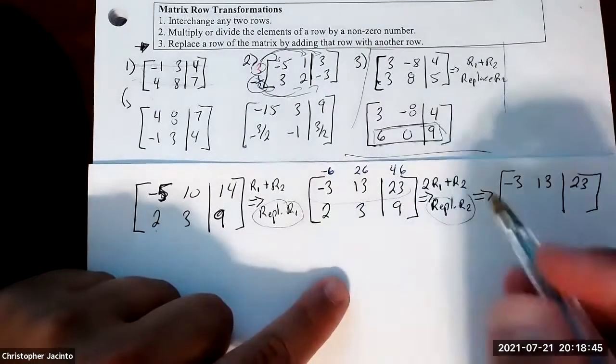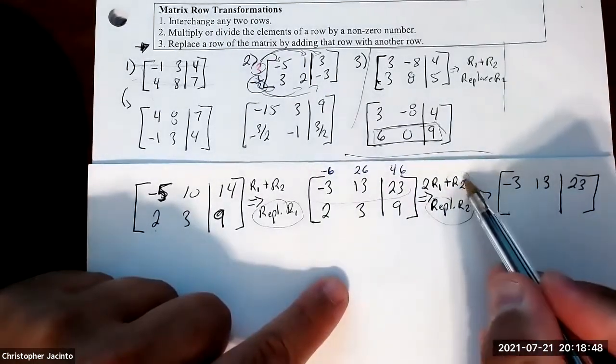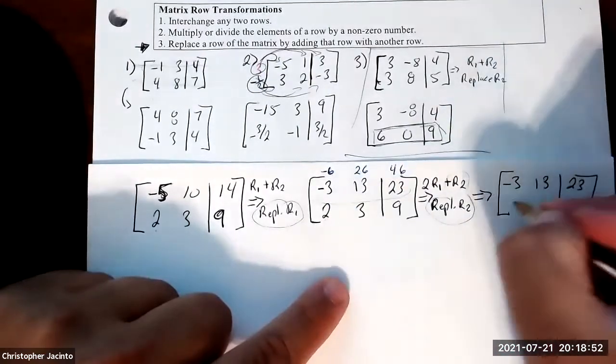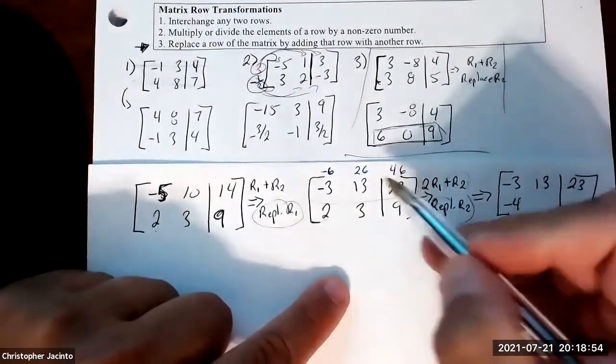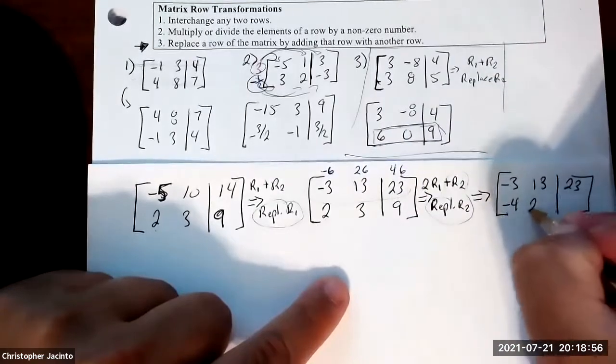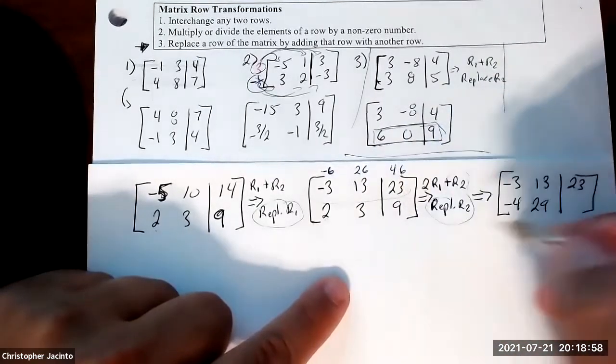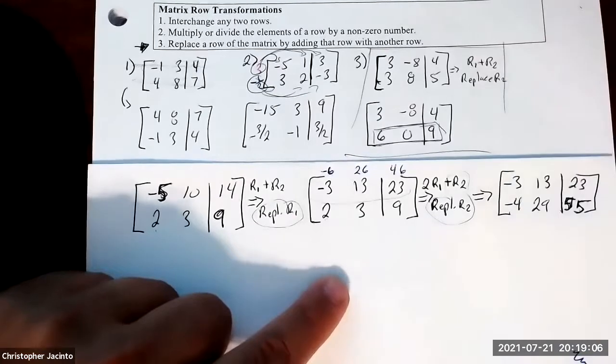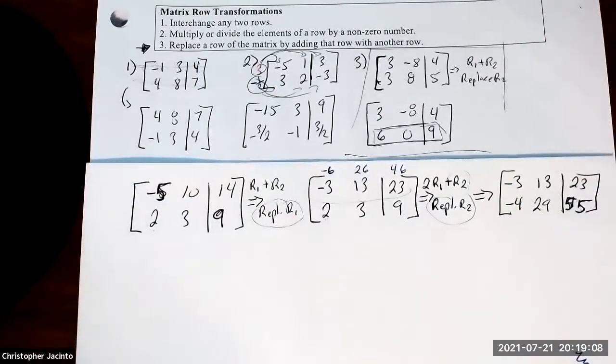And then after that, I'm going to add it to row 2. So again, just add straight down. Negative 6 plus 2 is negative 4. 26 plus 3 is 29. And then 46 plus 9 is 55. So again, is everybody comfortable with what we just did?